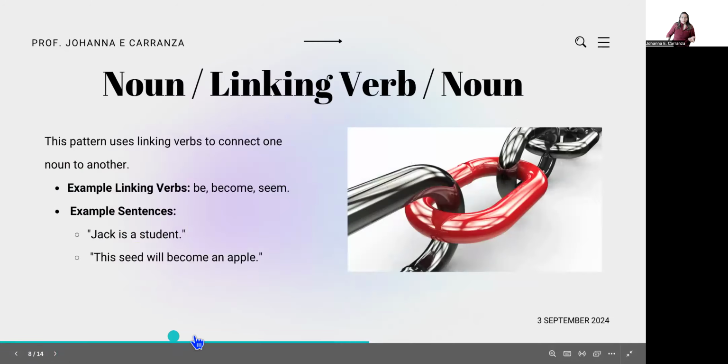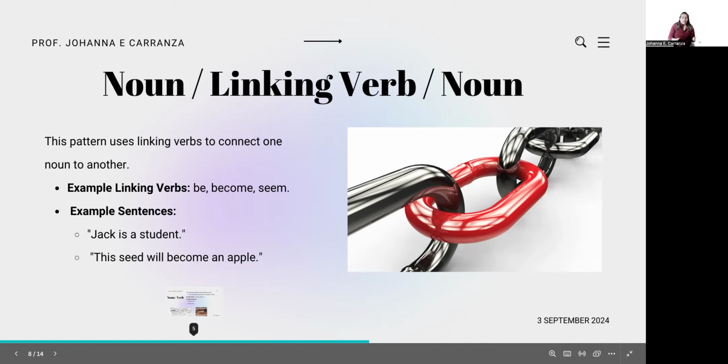Then comes the next pattern, which is a noun, a linking verb, and a noun. As you know, most linking verbs are the verbs to be, become, or seem. Those are linking verbs, or even the modal will joined with a verb becomes a linking verb.